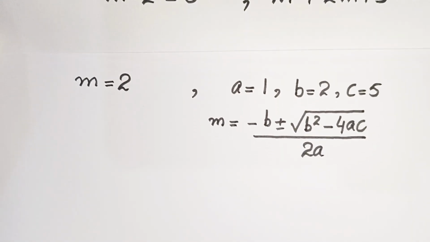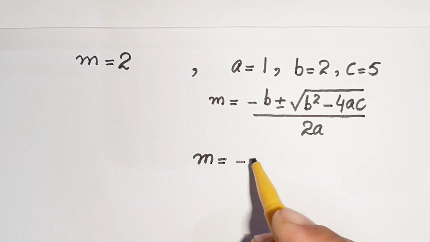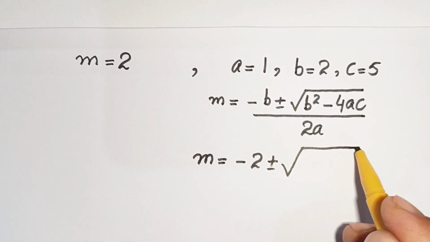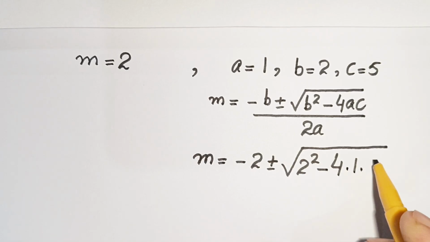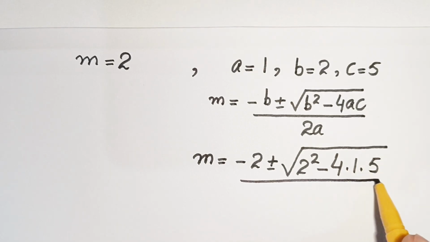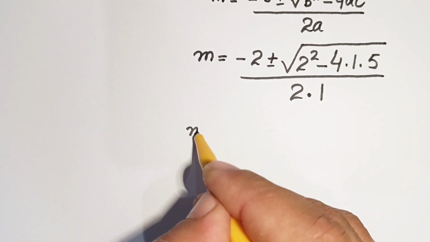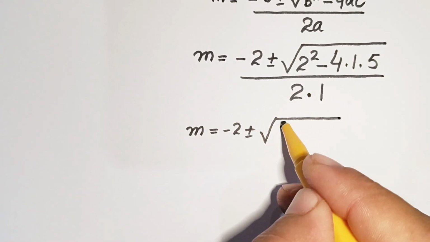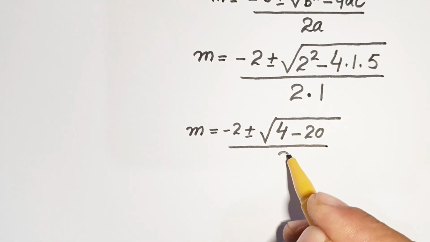Using these values of a, b and c, we get m is equal to minus the value of b, which is 2, plus minus square root of 2 squared minus 4 times a, which is 1, times c, which is 5, all over 2 times a, which is 1. So m is equal to minus 2 plus minus square root of 2 squared is 4 minus 4 times 5 is 20, all over 2 times 1 is 2.